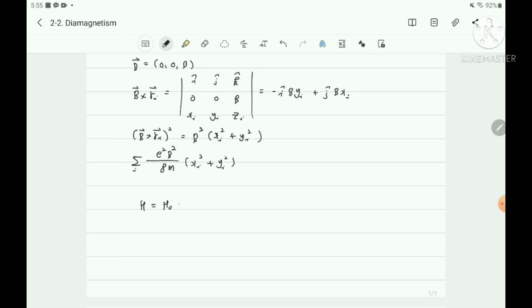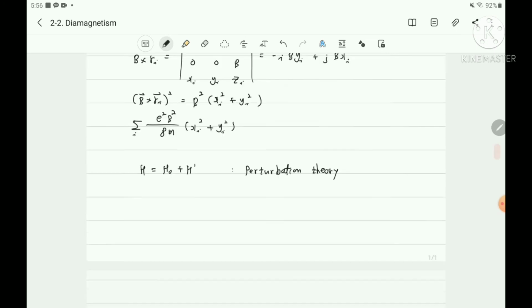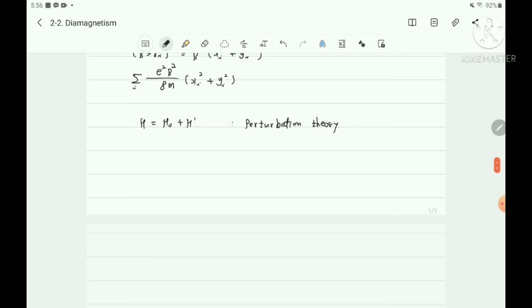H0 is the zero-field Hamiltonian, and this diamagnetic term is a very small quantity, H prime. In this case, we can use perturbation theory from quantum mechanics. Therefore, let's employ perturbation theory to calculate the diamagnetic term.